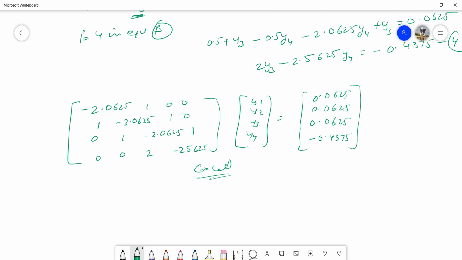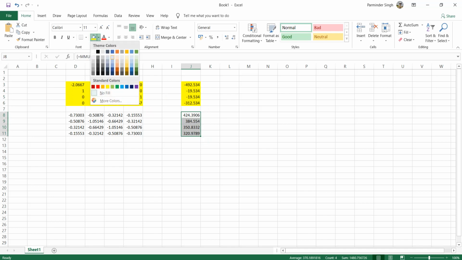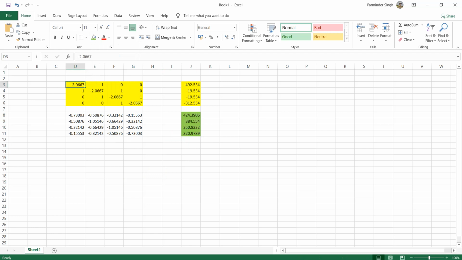So what I'll do, I'll just show you what I've done. We have a matrix table with me. I'll just simply replace the values in this main matrix. Different color for this, and finally the result will be shown over here with a different color. So I'll simply replace the values over here.